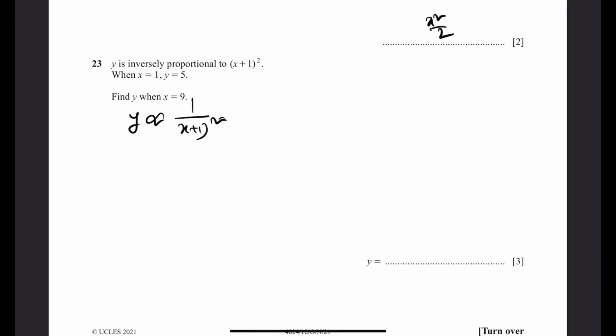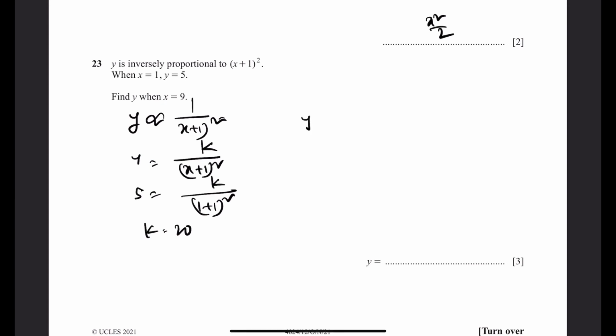To remove the proportional sign, we can introduce k. Since x equals 1, y equals 5, let me substitute y is 5, x is 1, so 2, 4, 20, k equals 20.